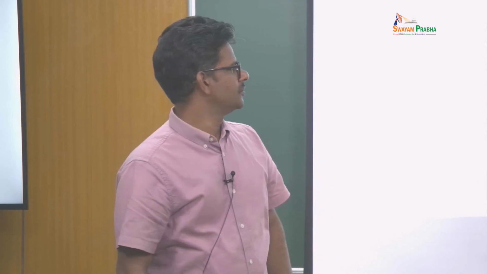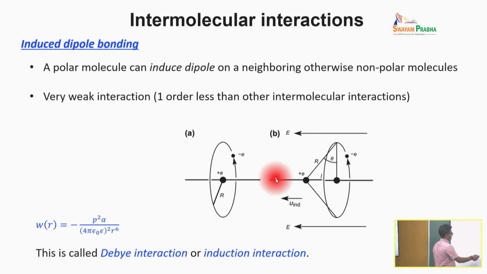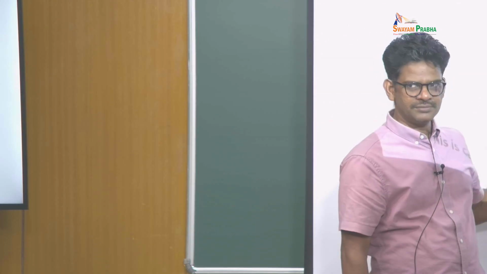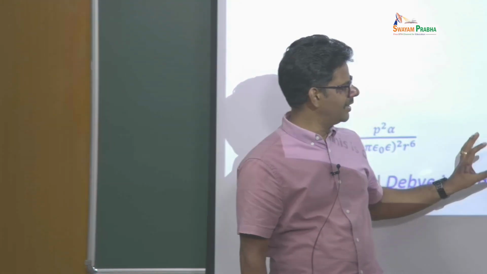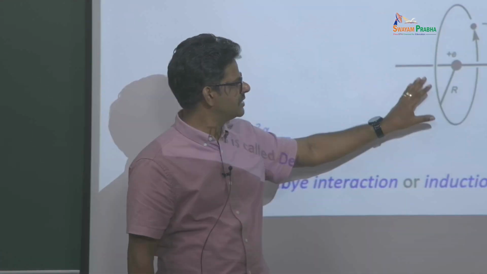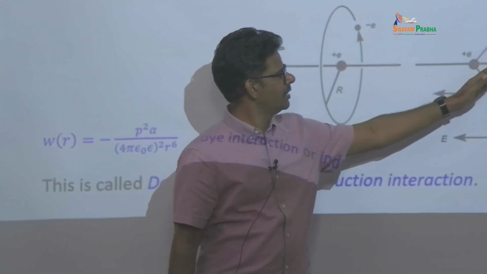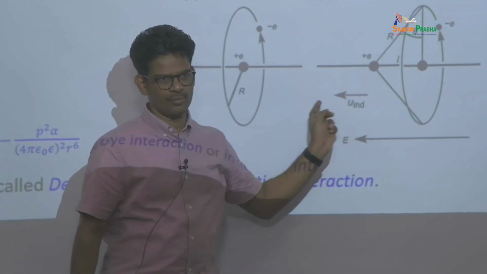Okay, so that's what I'm trying to show here: you have an atom that is non-polar. There is no net dipole moment, but then if you bring another atom, another element having a dipole moment, the electrostatic interactions can shift this electron a little bit away and create an induced dipole moment.